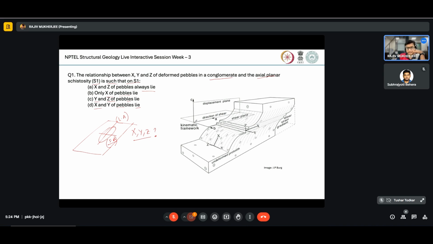So from a perspective of kinematic framework, this is the direction of shear, and therefore this is the displacement plane where we see the maximum displacements. So therefore this is the shear plane, and shear plane is analogous to the foliation plane.